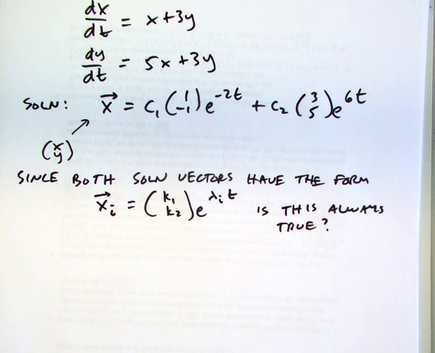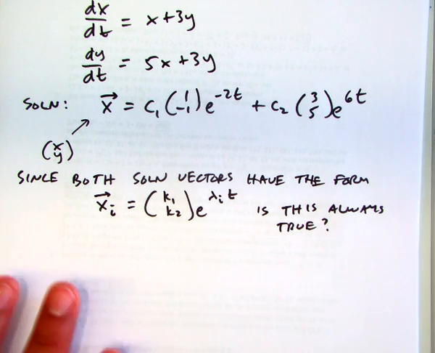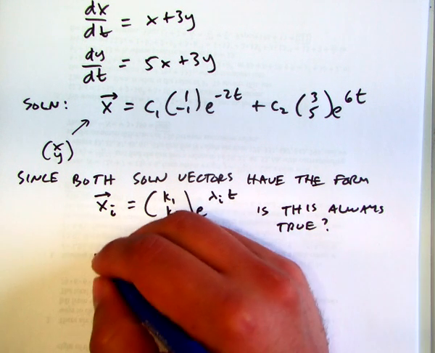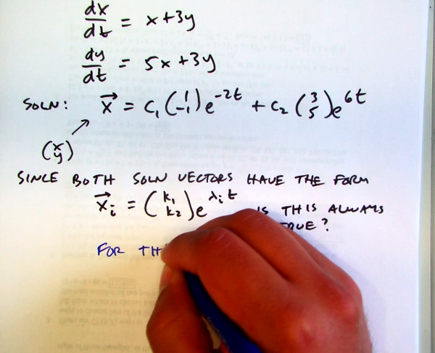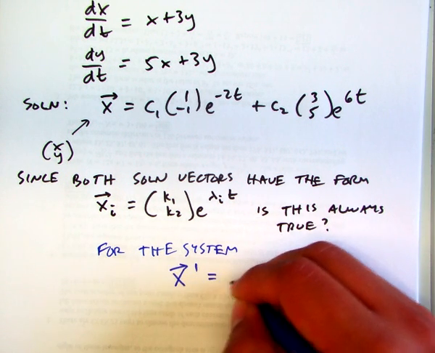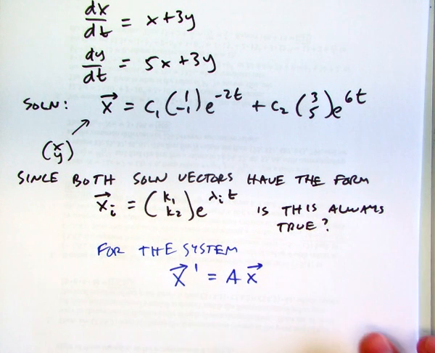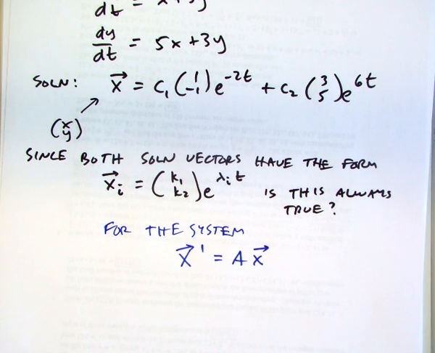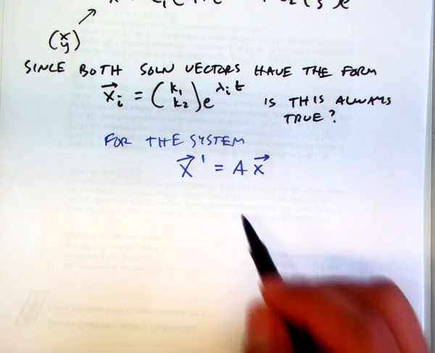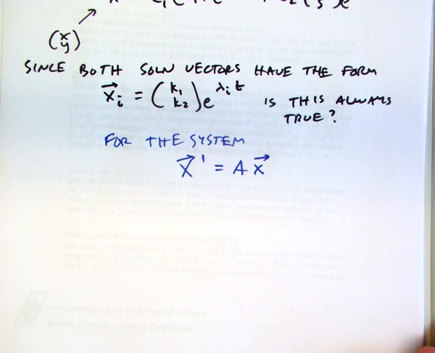And the systems that we were studying, here's the example that we referred to earlier, but of course we're talking about the system x' = Ax. Okay, so if we start with just this equation in general, let's go ahead and take the derivative.